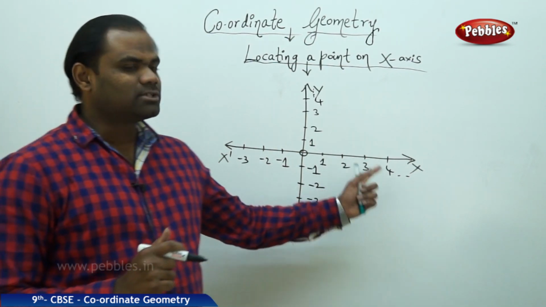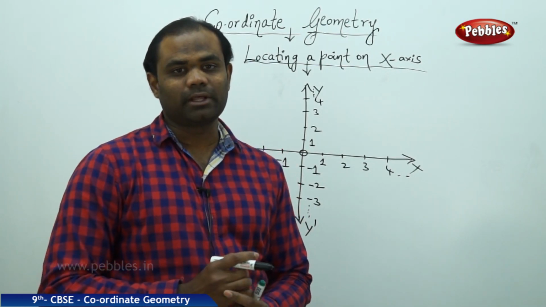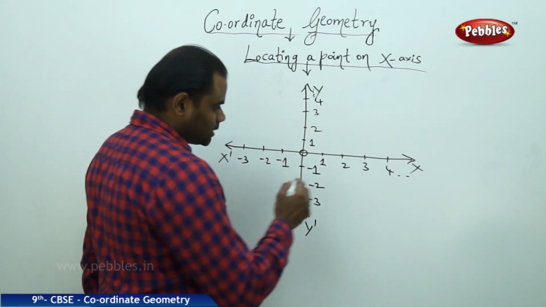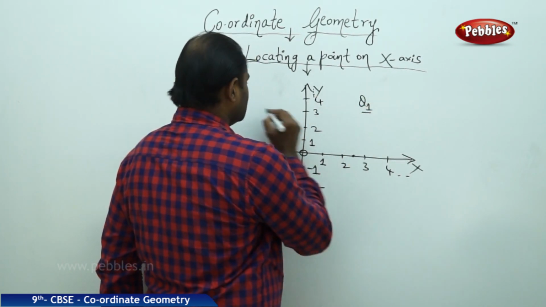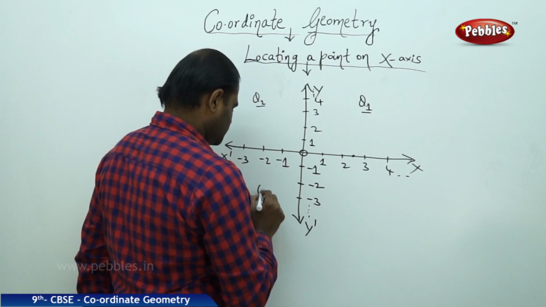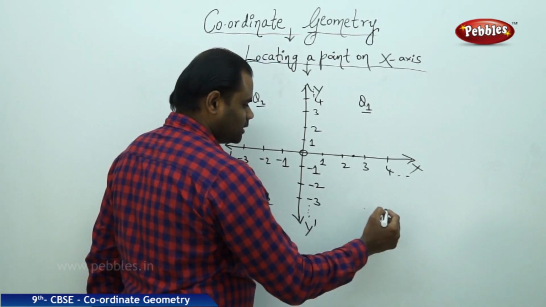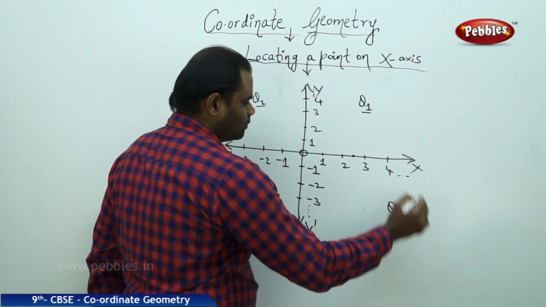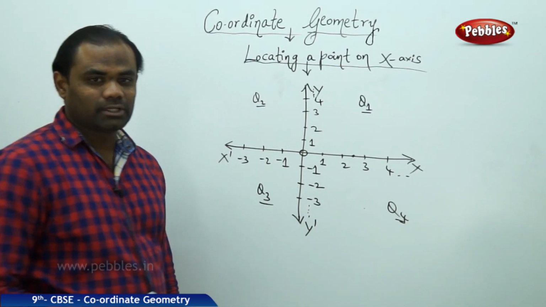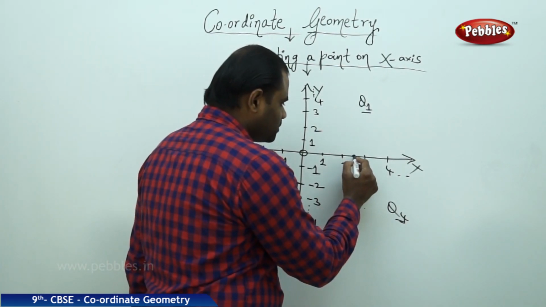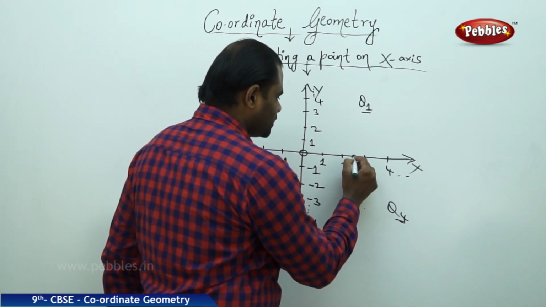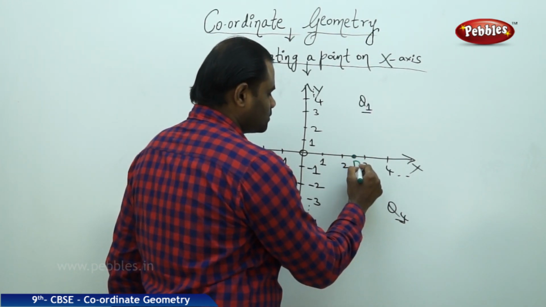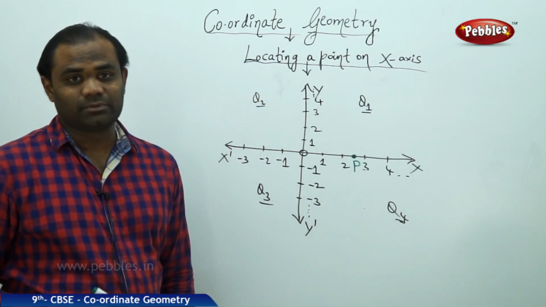Now I have these points located here in the Cartesian plane. Here lies Q1, here lies Q2, here lies Q3 and here lies Q4. Now the question is to locate a point P at this region. How do I locate this point P exactly in between?